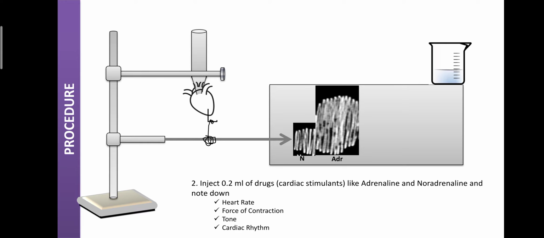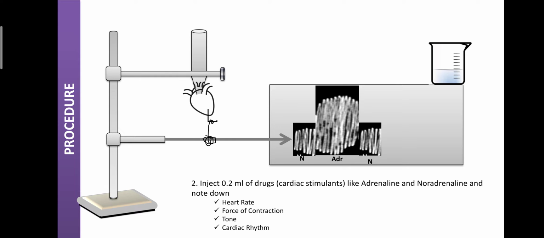After that wait for 15 minutes to completely wash the drug from the cardiac muscle, then after 15 minutes record the normal responses without any drug. Those are known as the normal response.